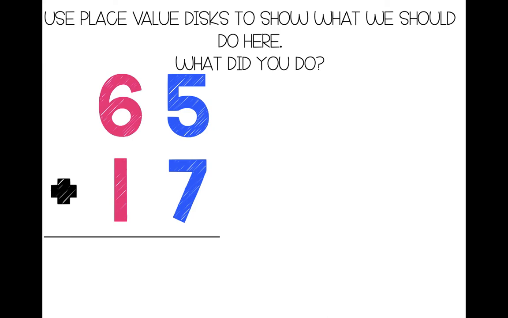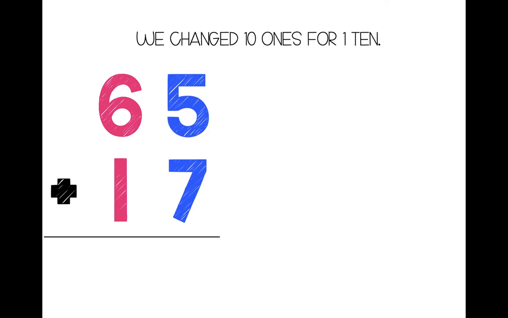We should have bundled 10 of our ones to make a 10. So make sure you have bundled those 10 ones. Make a new 10 in your tens place and cross out those 10 ones that you had because we exchanged them for a 10.